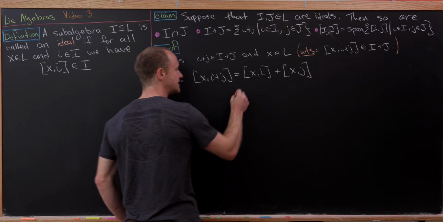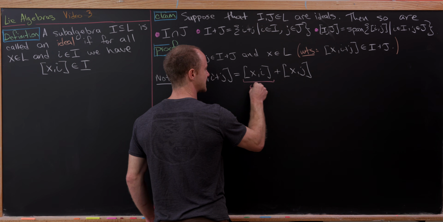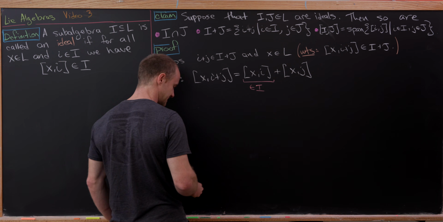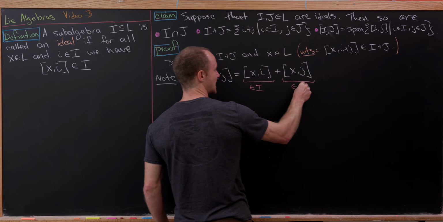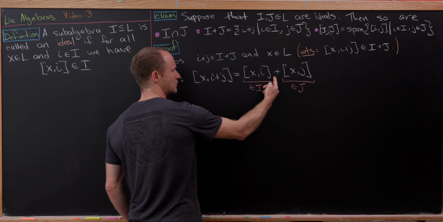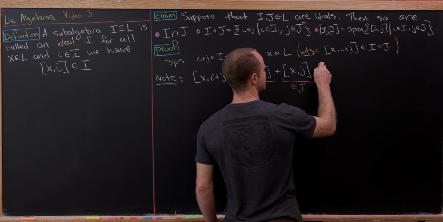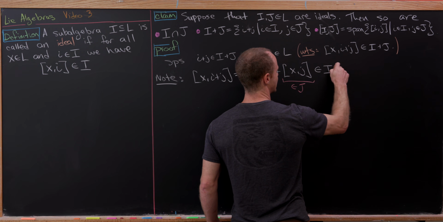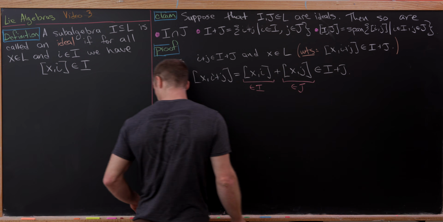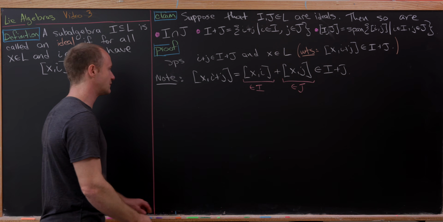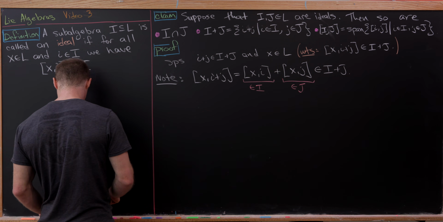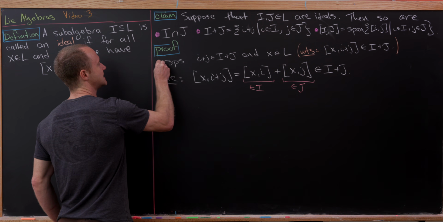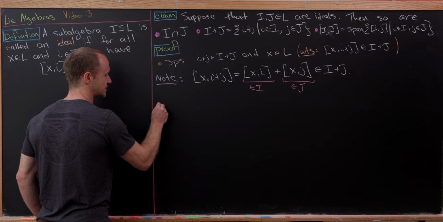But then since each of these are individually ideals, we know that this term is inside of I, whereas this term, bracket [x, j], is inside of J. But then we're summing those. So that means this thing is most definitely inside of I plus J. But that's exactly what we needed to show that I plus J was an ideal. Okay, so we've taken care of the I plus J case.